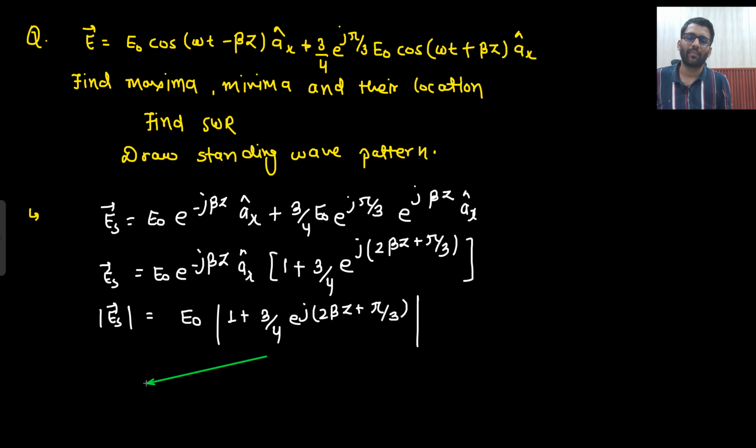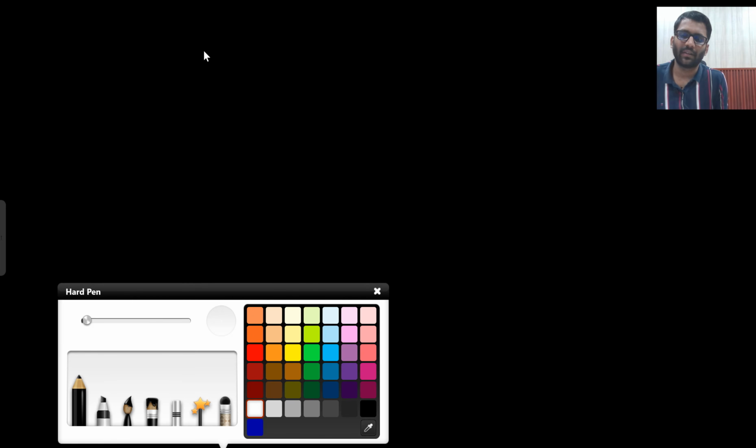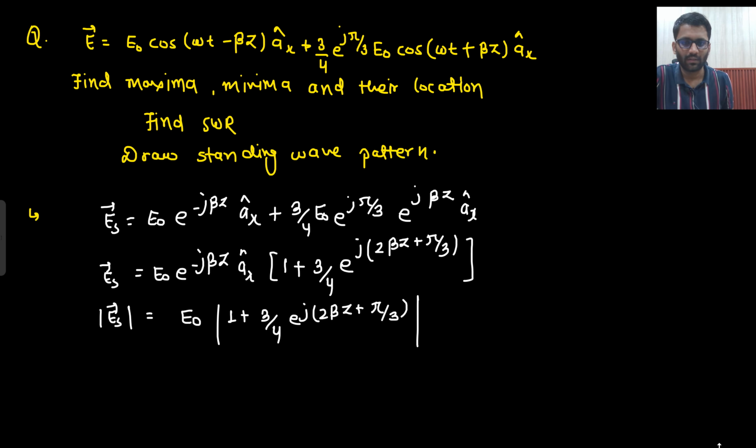Now I need to calculate maxima and minima. So let's take it to the next page. So mode of ES is E naught, 1 plus 3 by 4 e to the power j 2 beta z plus pi by 3.